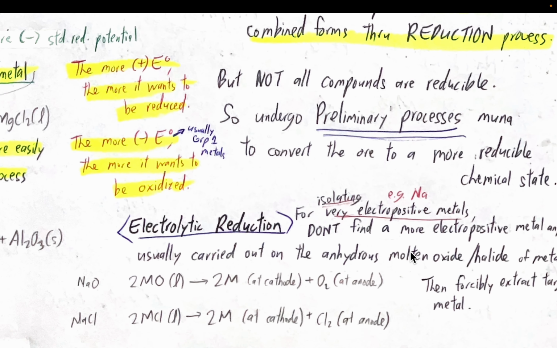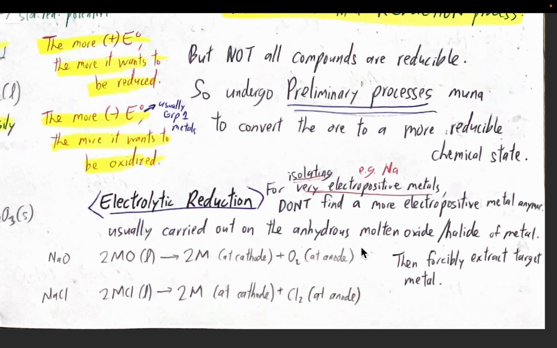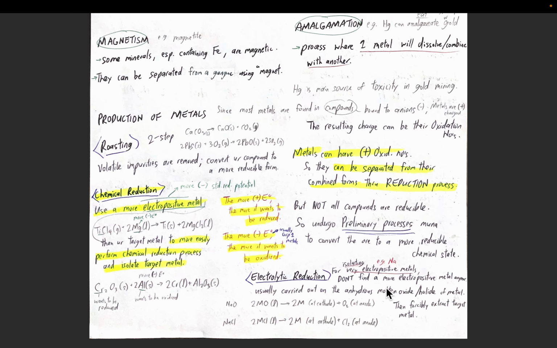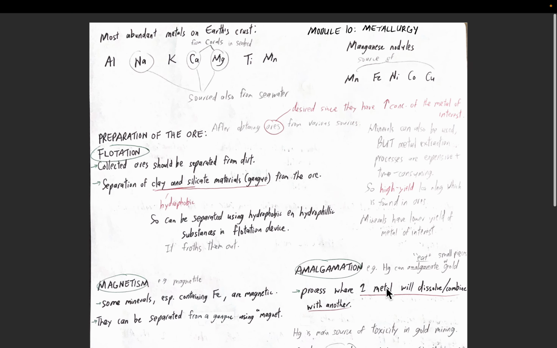So you usually carry this out on the anhydrous molten oxide or halide of the metal. Then from there, you forcibly extract the target metal. I'll need to consult more on this. It's not easy to understand by just reading.